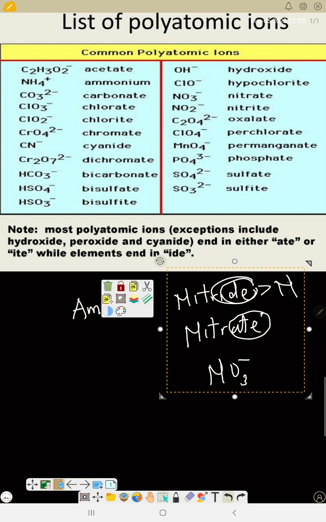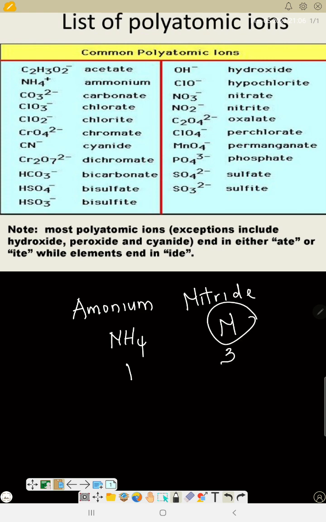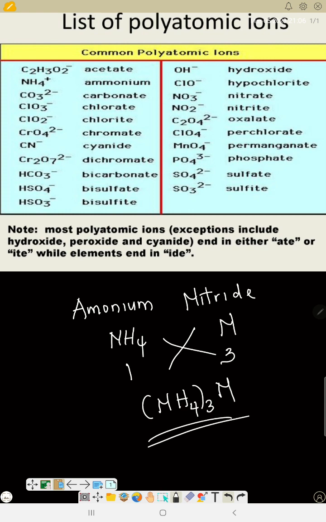So now ammonium nitride. Ammonium is NH4. At least you've seen it again. Nitride will just be N. But if it is nitrate, it will be NO3. So then ammonium is 1. Nitride, nitrogen is 3, valency. So do your crisscross. So this will be (NH4)3N, like that. 1 is going to N.